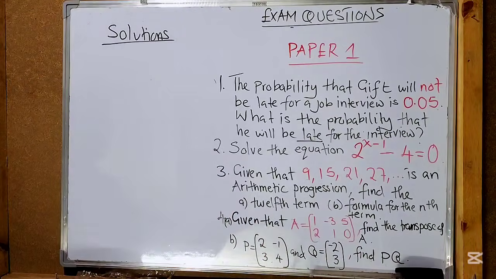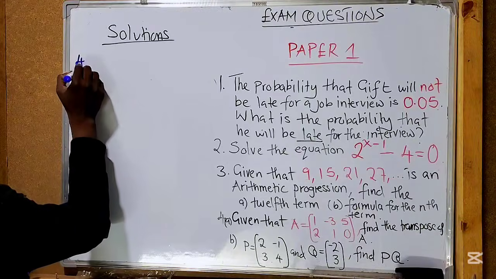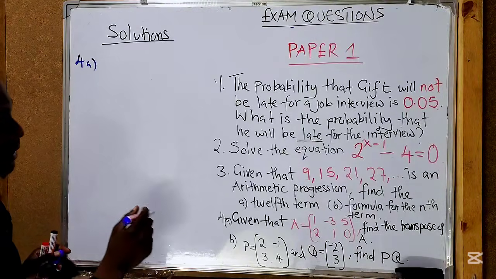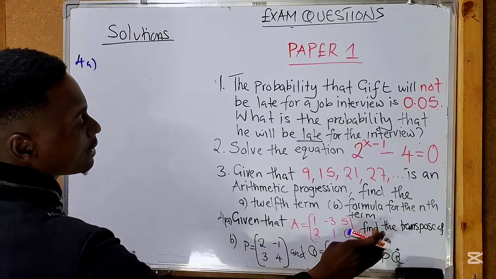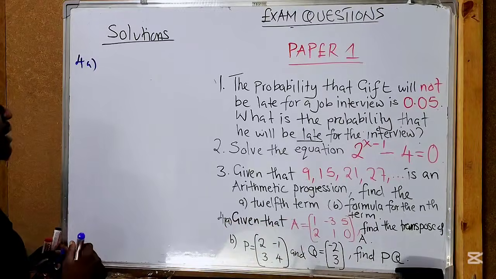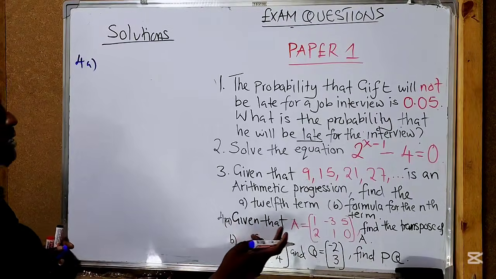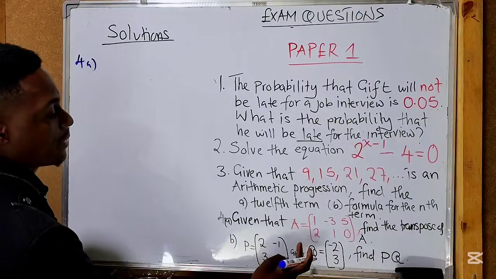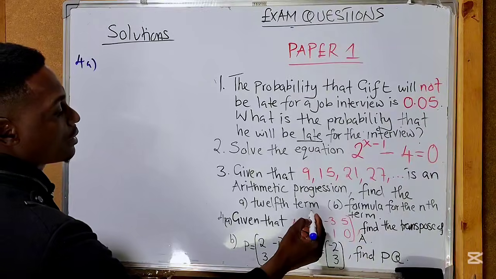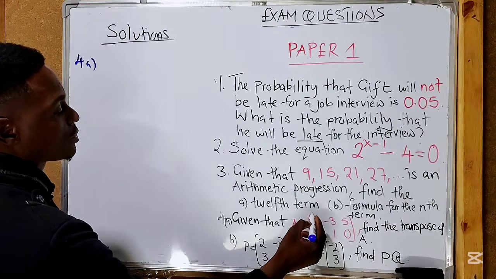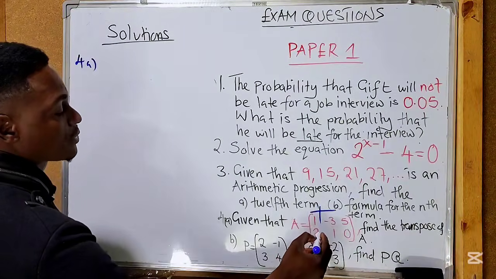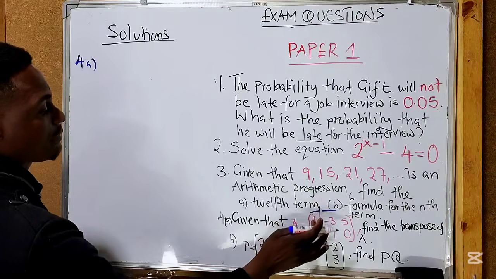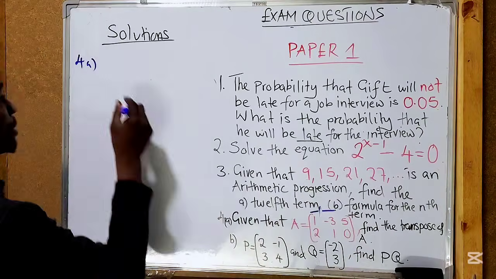The last one, this is matrices, question 4. The first question is saying, find the transpose of matrix A. It is easy. Finding the transpose of matrix A, we just change rows to columns. Simple. So this is the first row and it will become the first column.